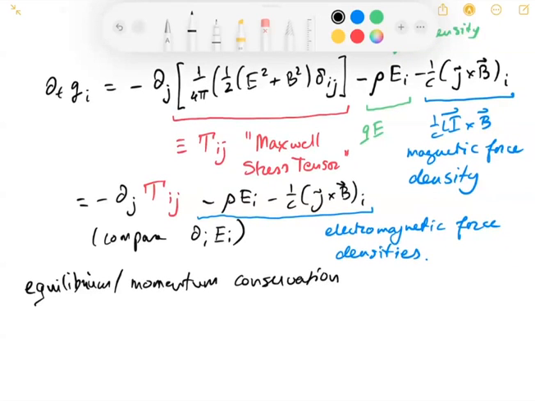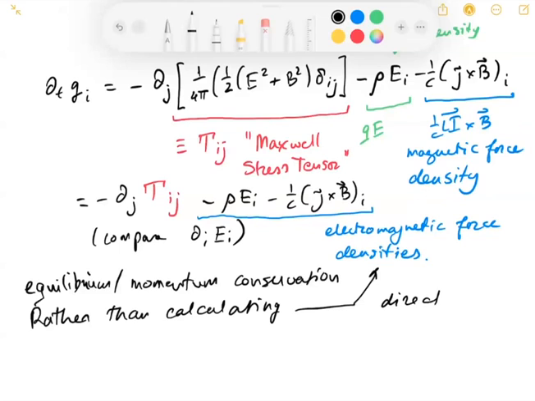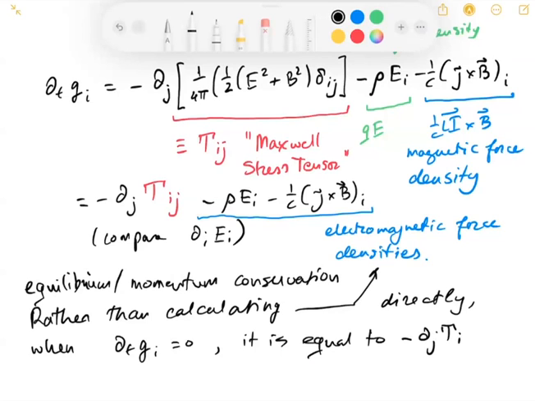Okay, so rather than calculating this thing directly, when del Tg I is 0, it is equal to minus del J T I J.